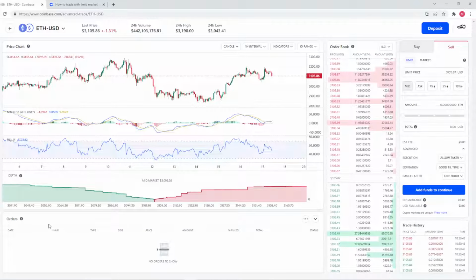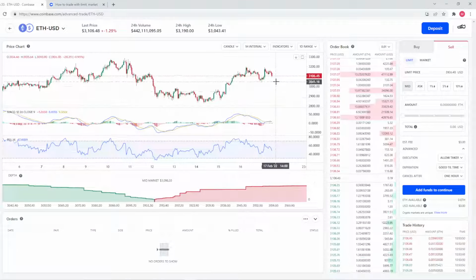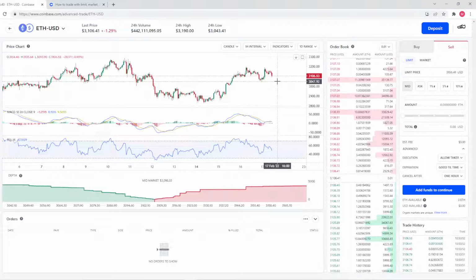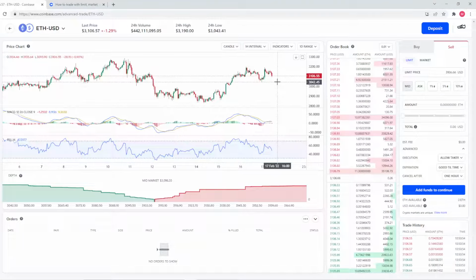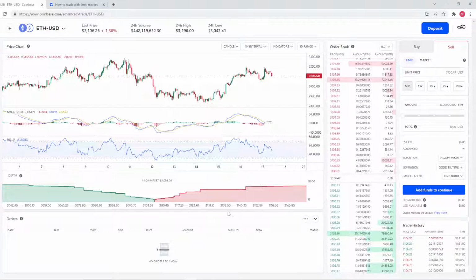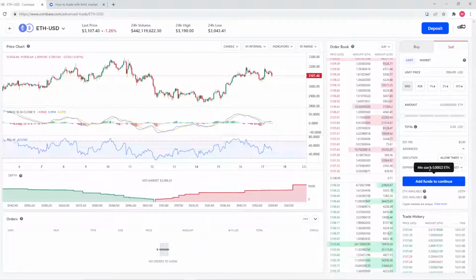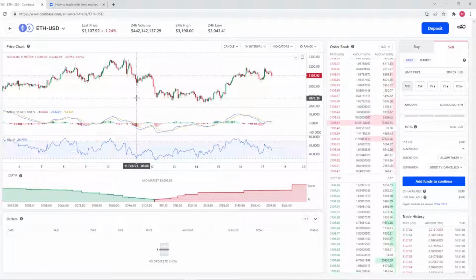Once I place that order, it will display here, but it won't fill until the price actually touches around that price range, right? And that's when my order would be filled. So until then, it would sit there until a certain time, until it's canceled or until it's filled. All right, so that is the new Coinbase Advanced Trading.